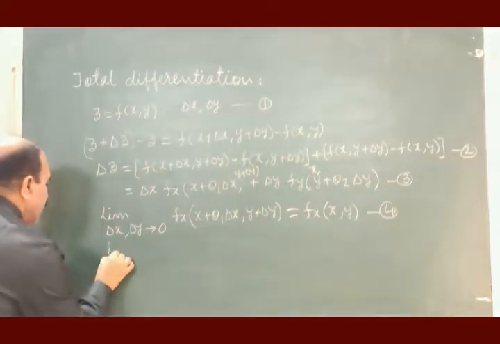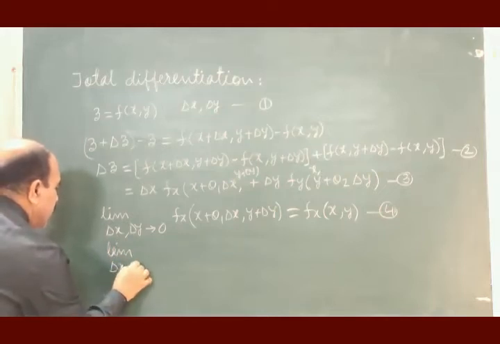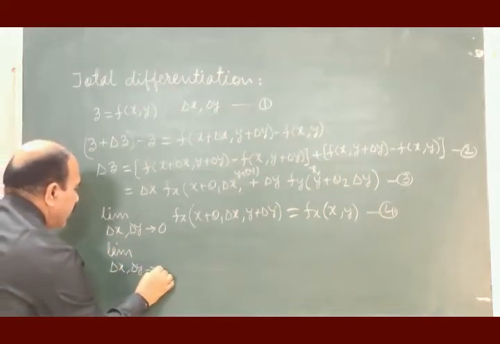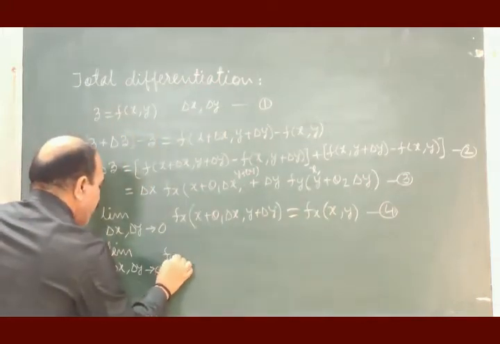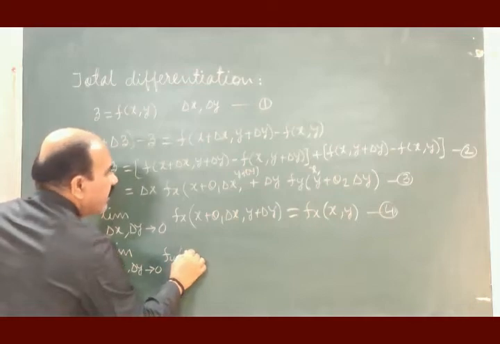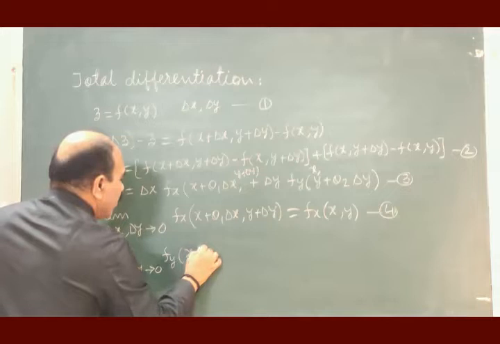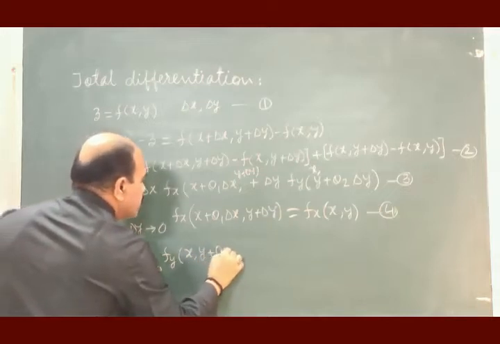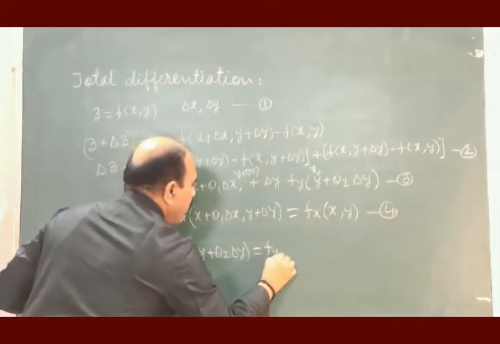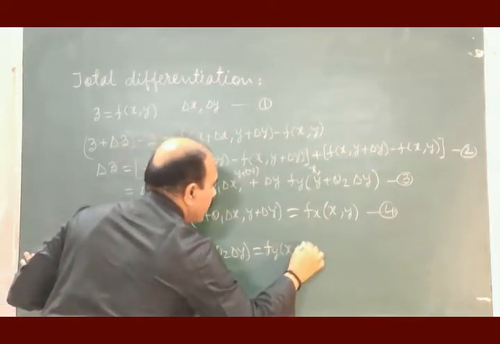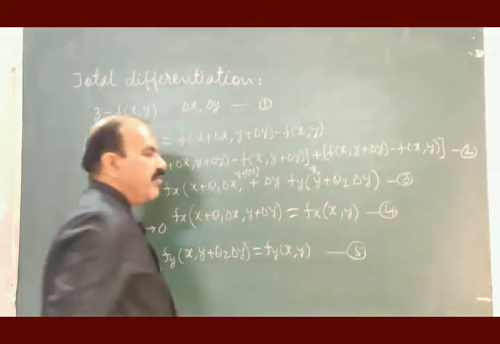Similarly, limit delta x delta y tends to 0, this term fy of x comma y plus theta 2 delta y will be equal to fy of x y, equation number 5.